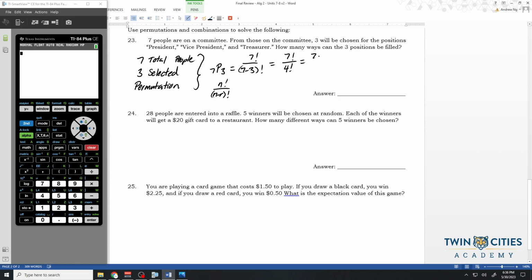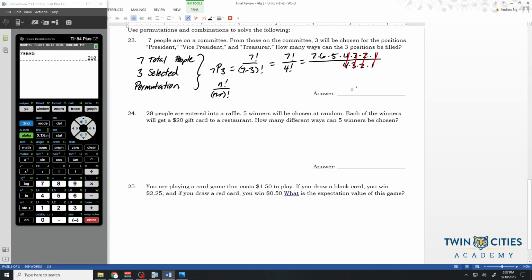In other words, 7 times 6 times 5 times 4 times 3 times 2 times 1 all over 4 times 3 times 2 times 1. That's what factorial means. Start with that number, multiply by every integer down to 1. So the 4s, 3s, 2s, and 1s divide out. You're left with 7 times 6 times 5.